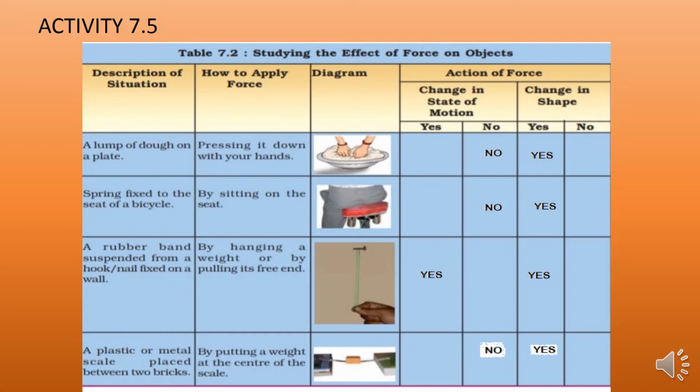By applying the force on the object, we have to tell whether there is a change in the state of motion of the object, or else a change in the shape of the object.